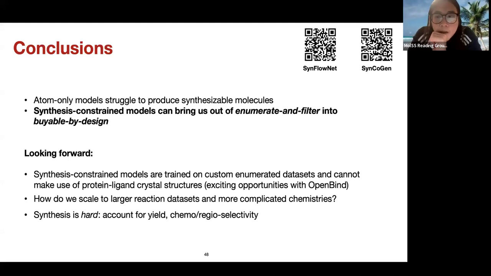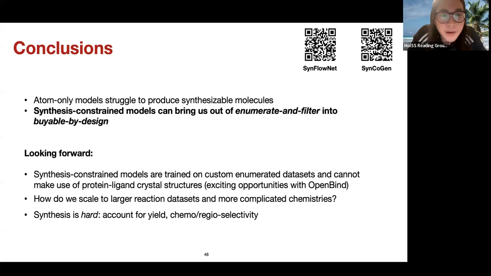I see. Can you also talk about the similarity between SynFlowNet and diffusion models? Because in diffusion, it is doing a generative process in the same space, right?